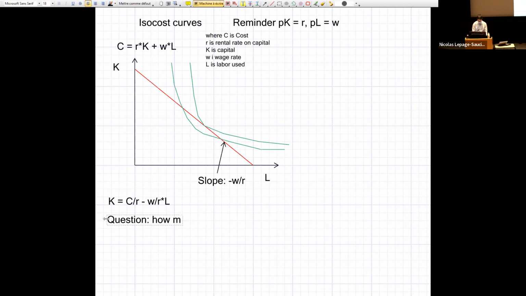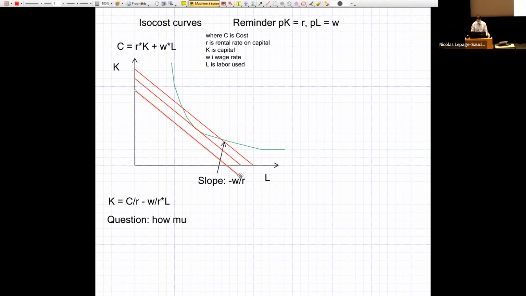How much? So the way to do it would be to have another one there. And another one there. Okay, so this one will be A. This one will be B. And this one will be C.